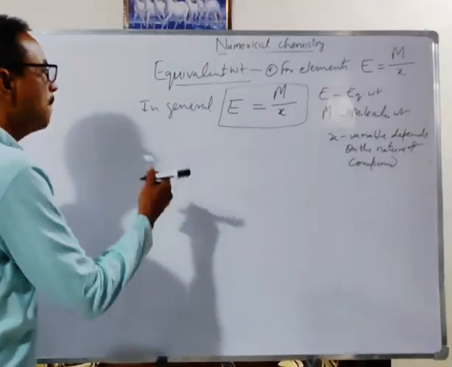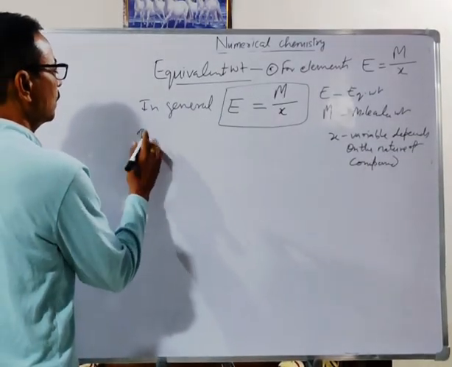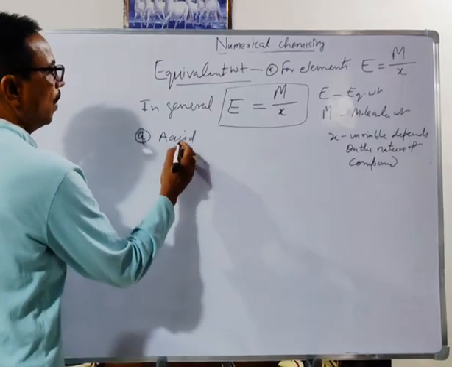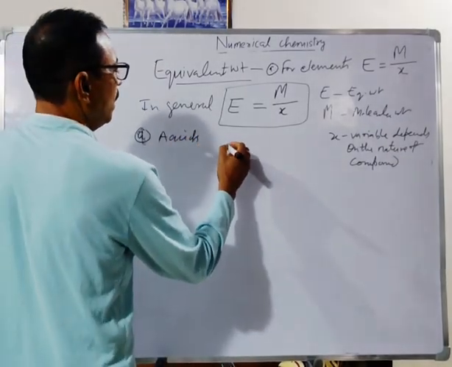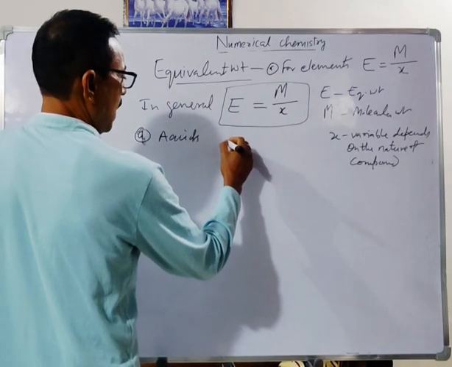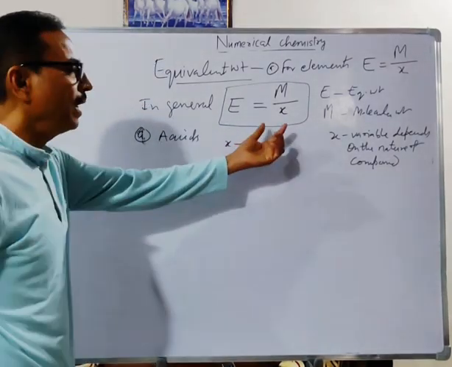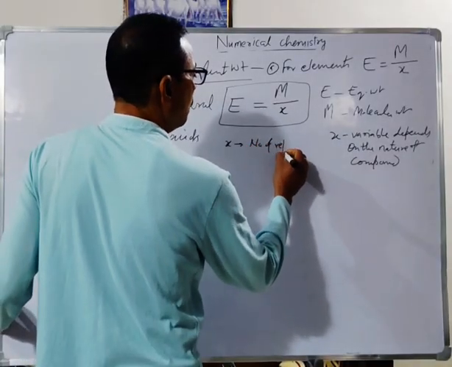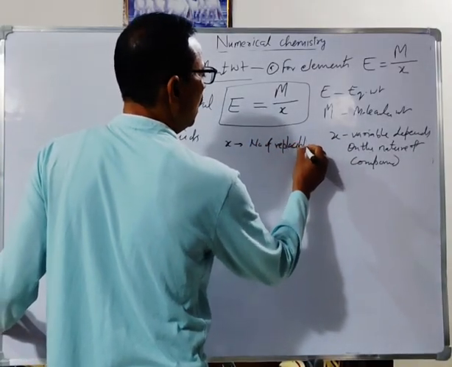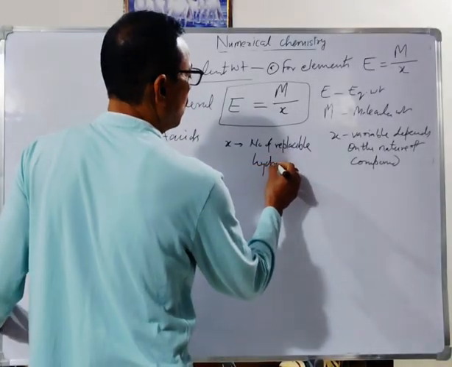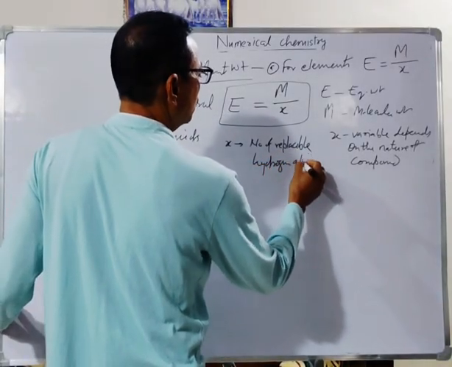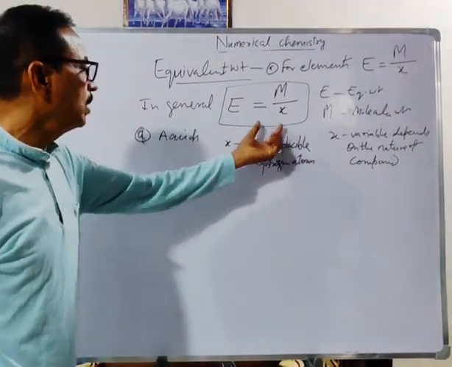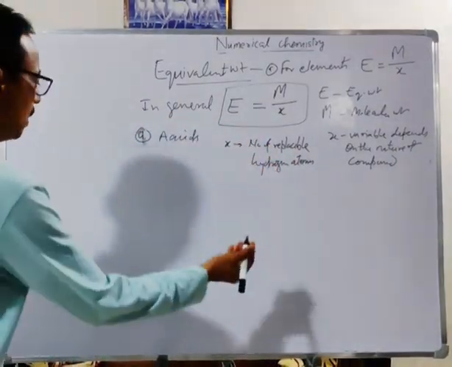But if the compound is an acid, then for acids, the variable X will be the number of replaceable hydrogen atoms. For acid, X is the number of replaceable hydrogen atoms.